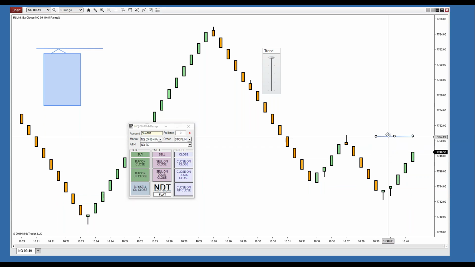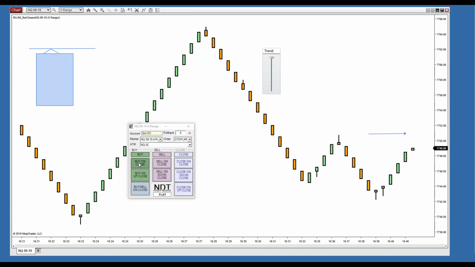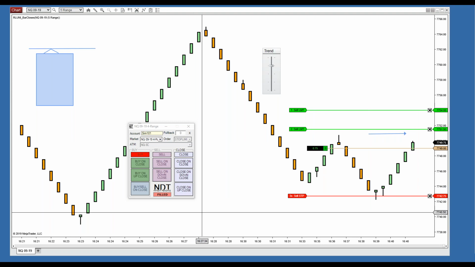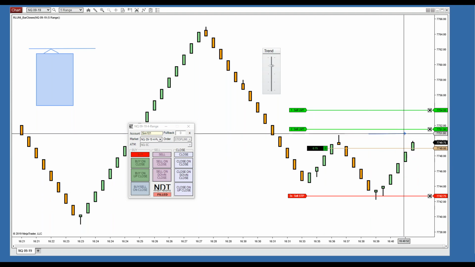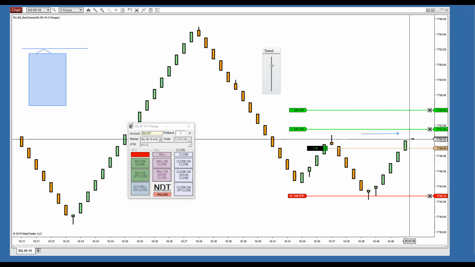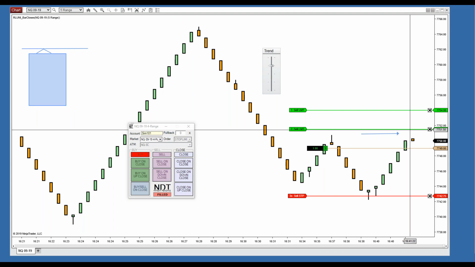But here's what you can do. You can buy. Let's move this down a little bit so we don't have it moving up quite so rapidly. As it approaches that area of resistance to the upside, you can hit close on close. But you might also be concerned that as it gets close to resistance, it's going to bounce off of it prematurely.